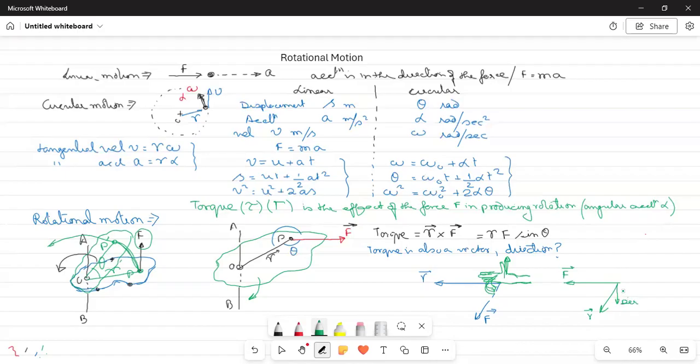So in cross product, the magnitude of the cross product, that is RF sine theta, remains same in both cases, but the direction of R cross F is not equal to the direction of F cross R. The direction is ulta, opposite direction.